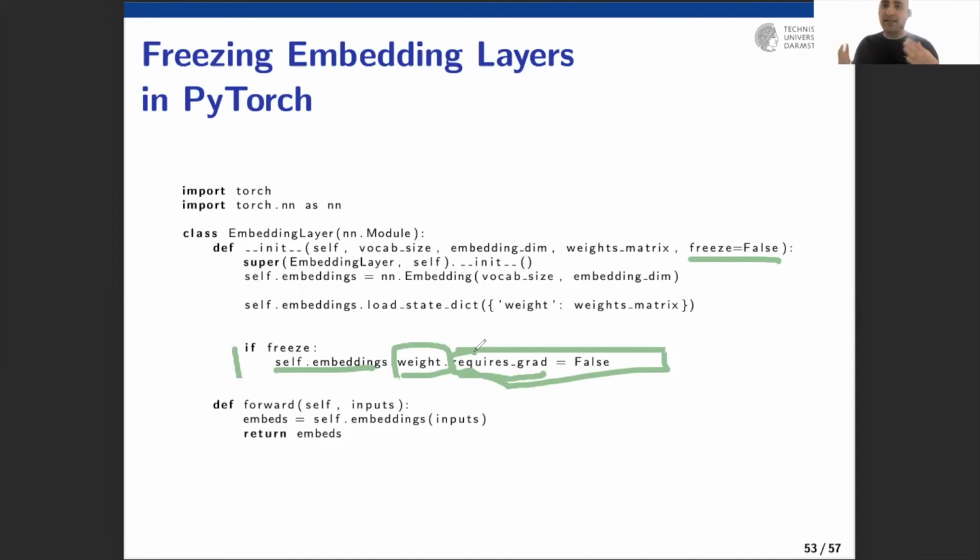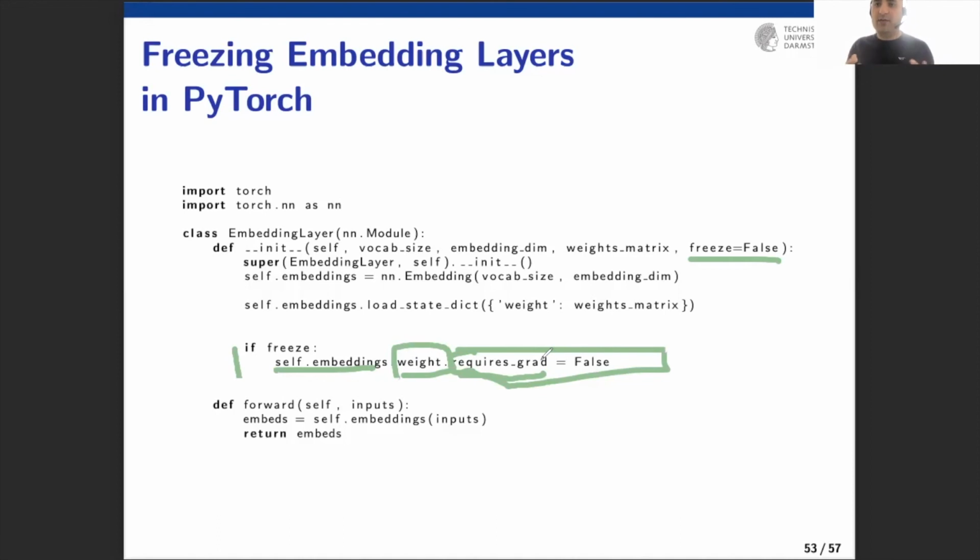So when stochastic gradient descent wants to update the parameters, it looks at parameters whose requires_grad property is set to true, which is the default value.